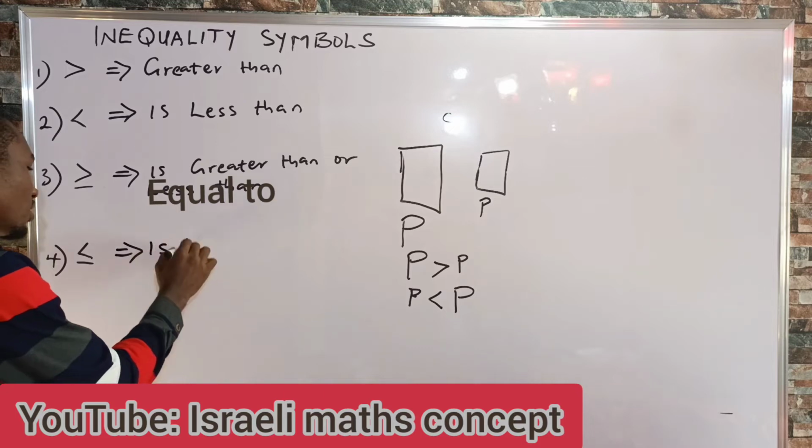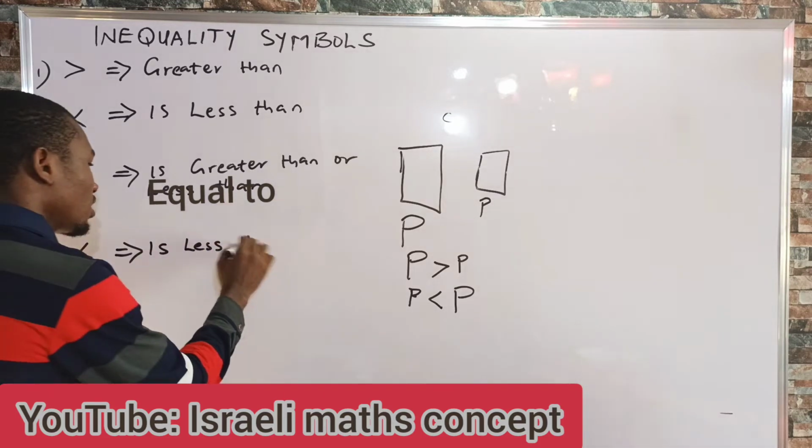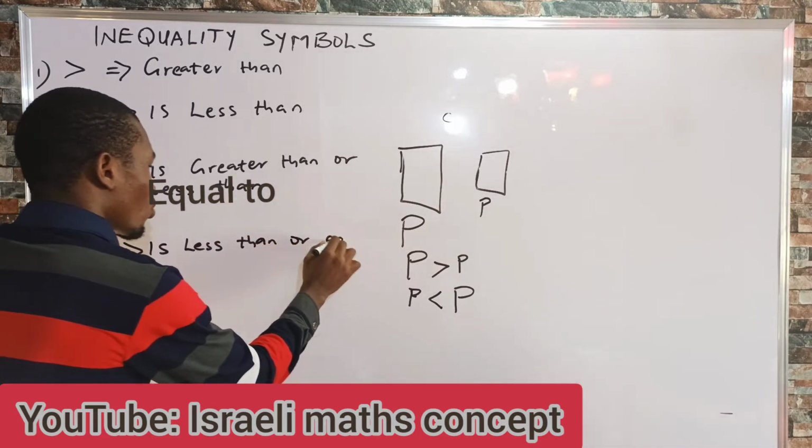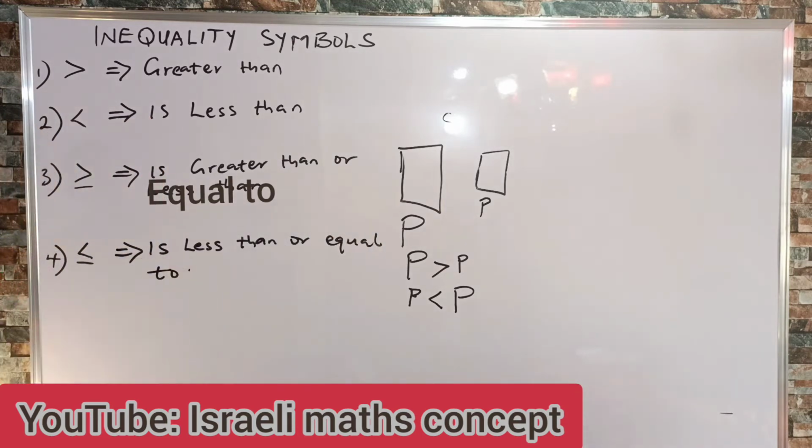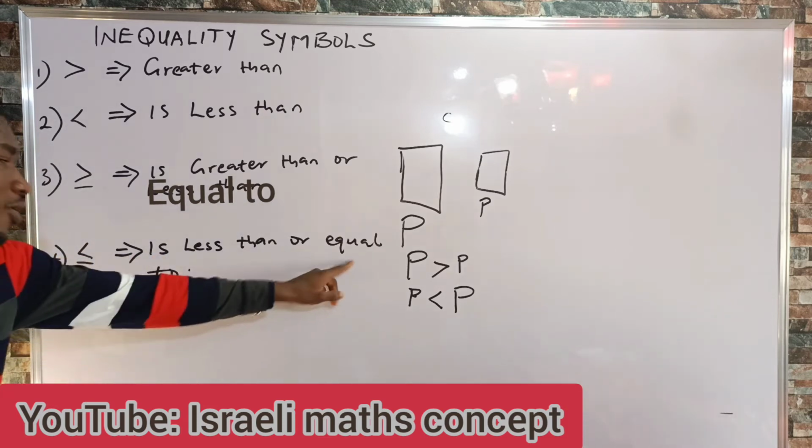We call it is less than or equal to. This is the meaning of this inequality symbol. The one on top means is less than, and the one below means equal to. So combining them together, it now means is less than or equal to.